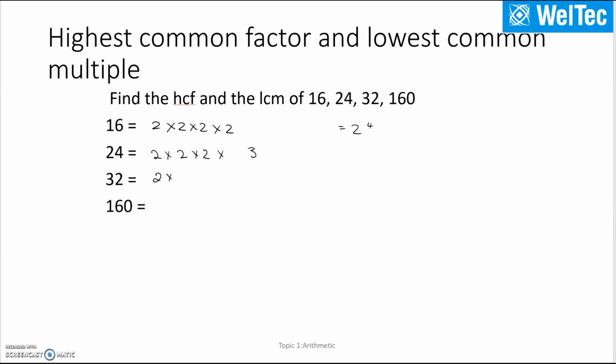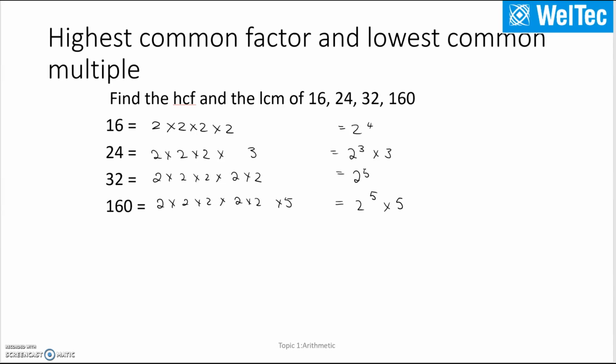32 is 2 times 2 times 2 times 2 times 2, so we can write that as 2 to the power of 5. 24 is 2 to the power of 3 times 3. And then we can write 160 as 2 times 2 times 2 times 2 times 2 times 5, which would be 2 to the 5 times 5.